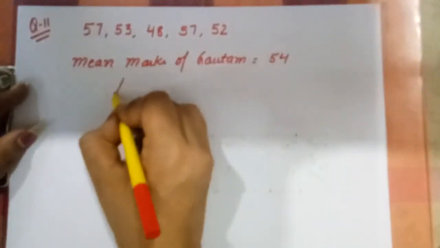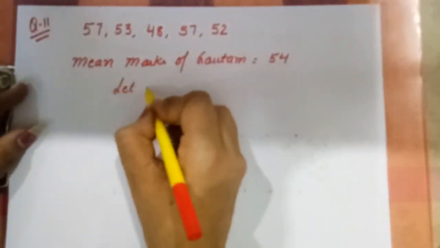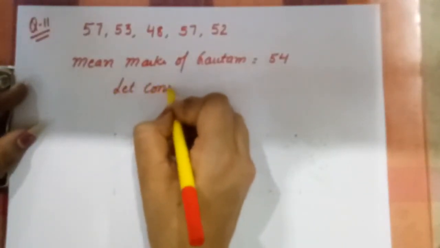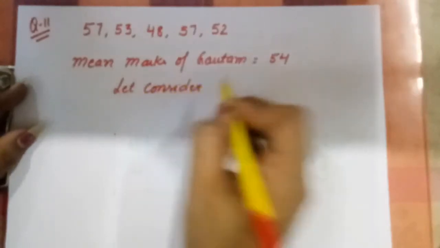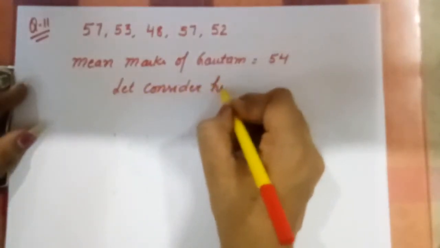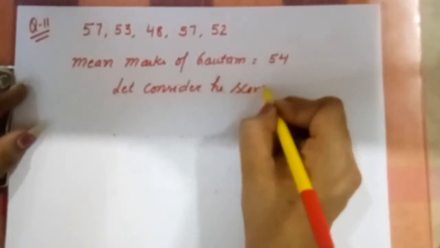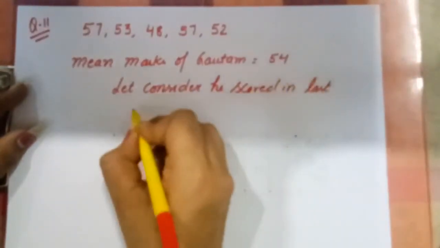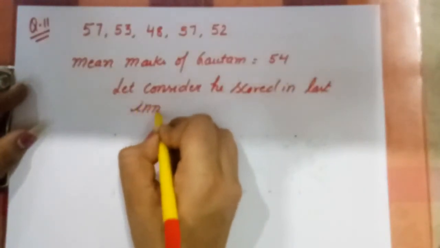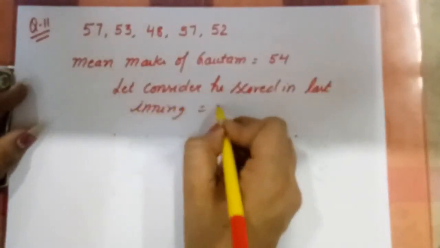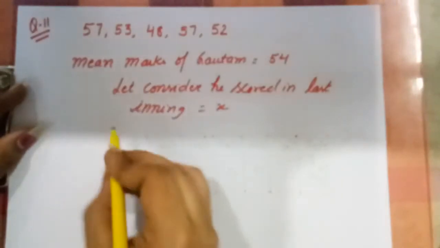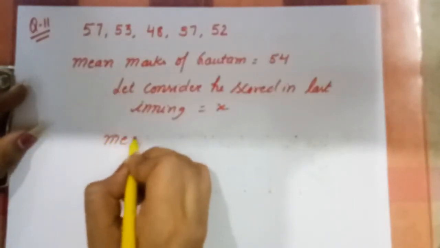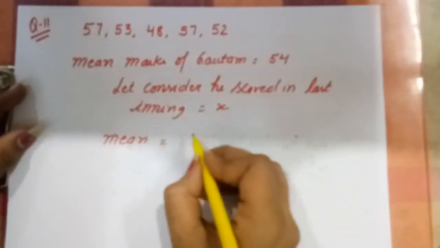So let's consider he scored x in the last inning. Right, now we have to use the formula of mean. Now we know that mean is equal to the sum of all terms divided by the number of terms.